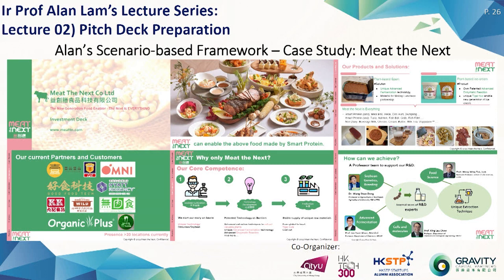So they have the user, they have the customer, they make it, okay? So it's not a dream. The buffet made by smart protein is not a dream, it's not a concept, it's executed, okay?